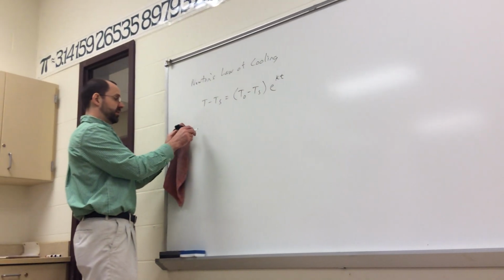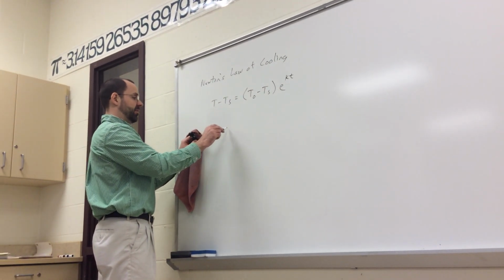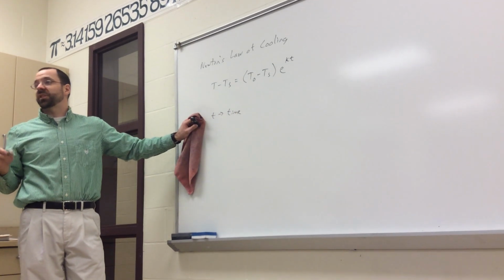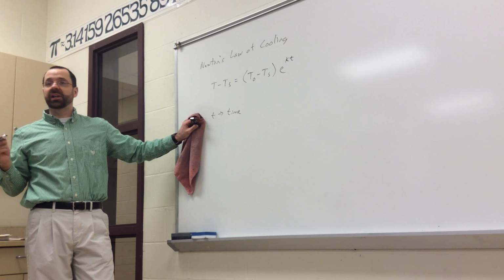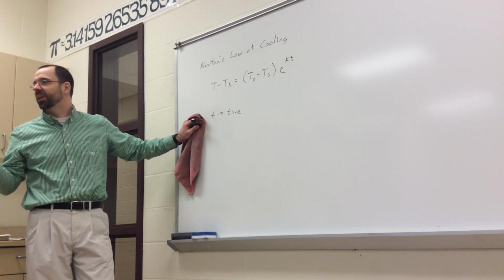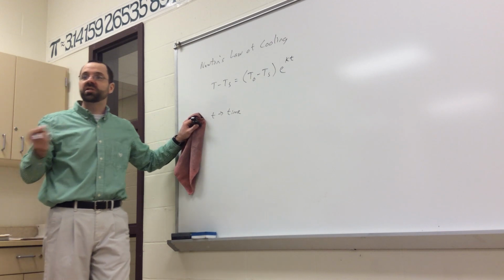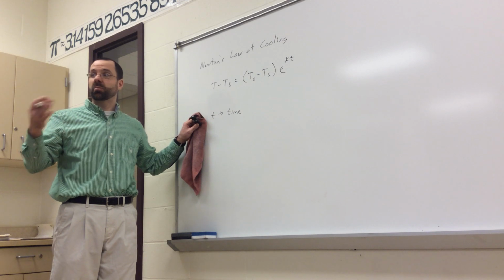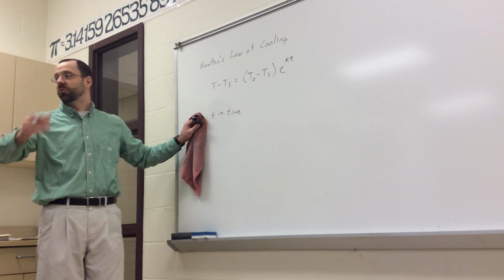Okay, so there's a bunch of letters in here. Little t stands for the time. So that's going to change within a problem. Like, we're going to plug in 2, and that'll tell you the temperature after 2 minutes. And then you can plug in 4 to figure out the temperature after 4 minutes. So the little t changes within the problem from 2 minutes to 4 minutes.